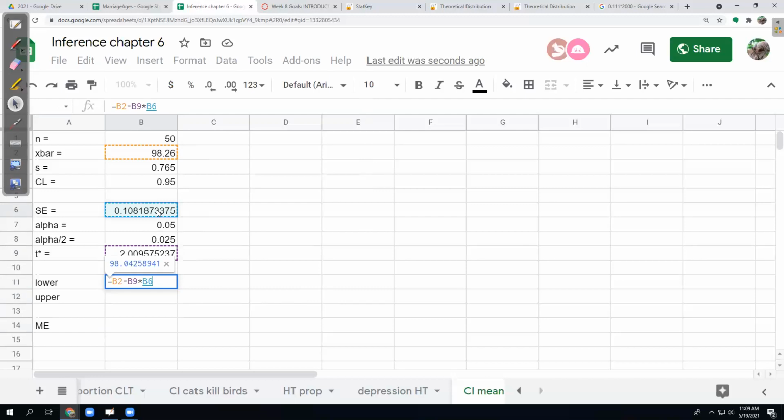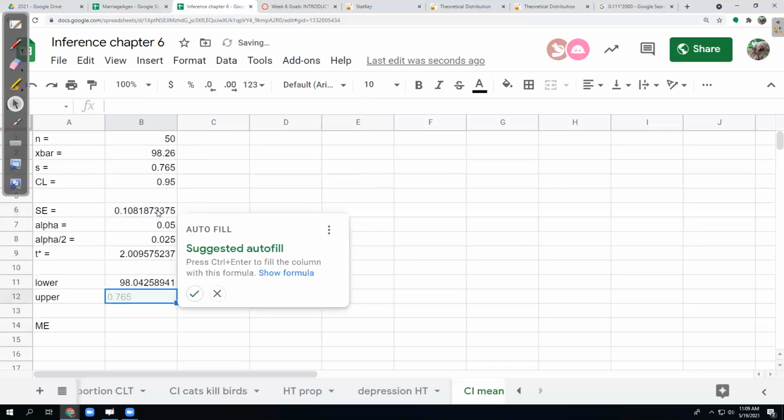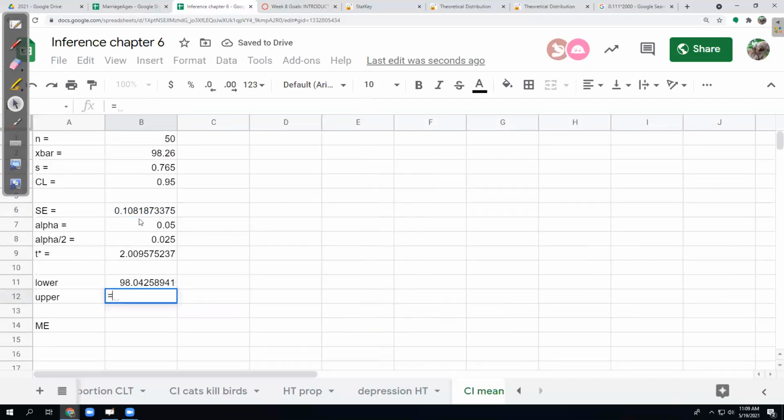And always double check you click in the right places. And this is not an autofill. Repeat, but with a plus: sample statistic plus about 2 standard deviations from the mean using the standard error. And that plus or minus thing we did, that's just the margin of error, right? We add and subtract the margin of error, which is just the t-score, in this case, times the standard error.